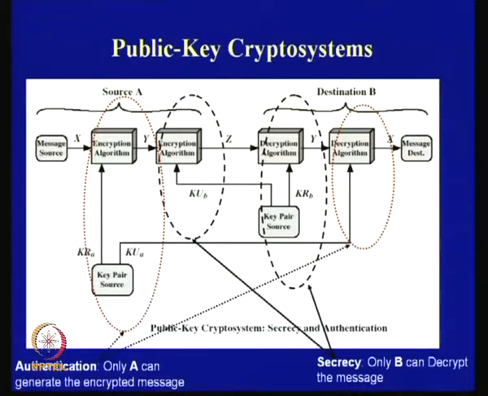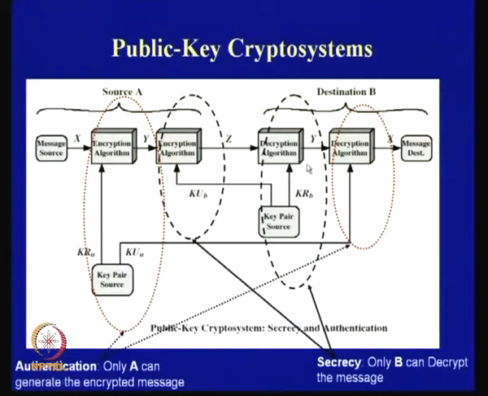Therefore, the secrecy of the data is ensured, based on the assumption that only B has the corresponding private key. Similarly, authentication is ensured, because if the verification is successful, it shows that only A has the corresponding private key.